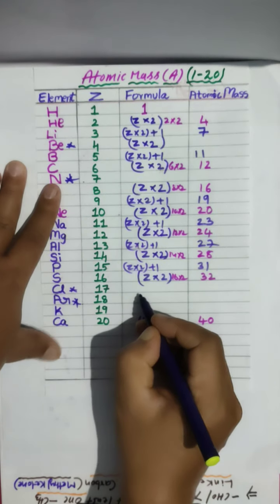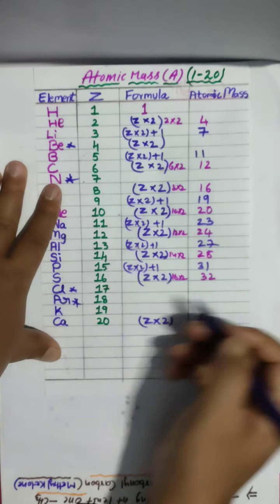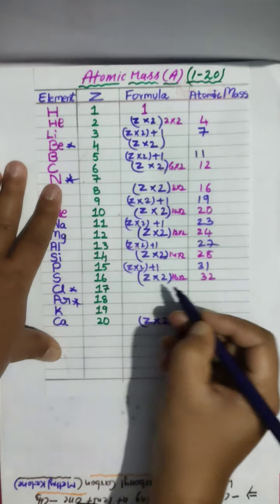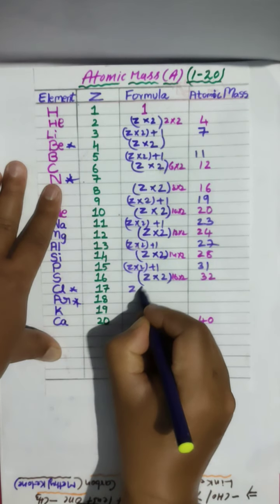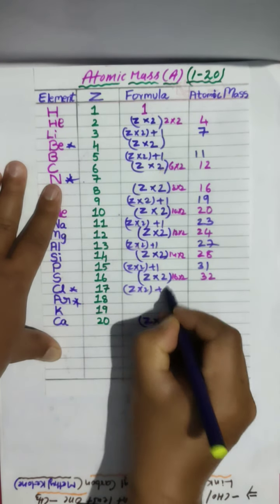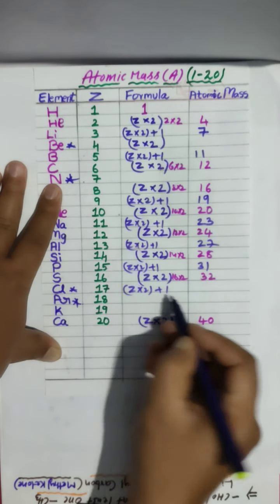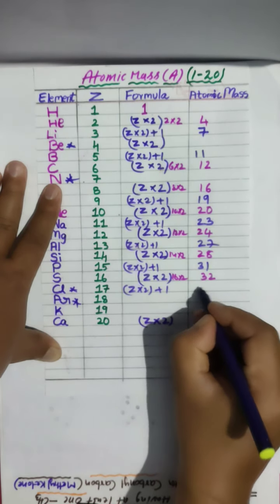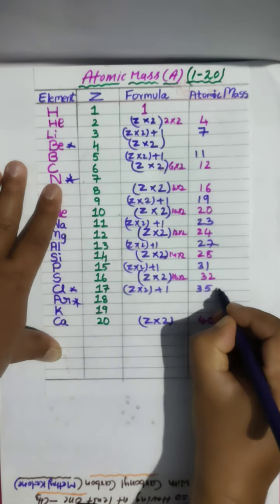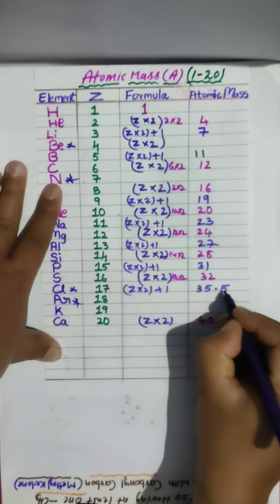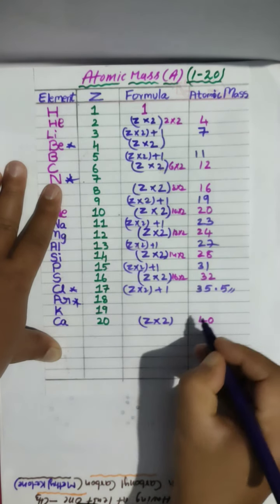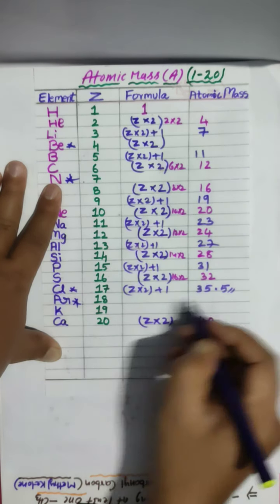Chlorine is also an exception, but you can follow the formula Z into 2 plus 1. Z is 17, 17 into 2, 34, plus 1, 35. But you have to add 0.5 extra. That's why I told it is an exception case.